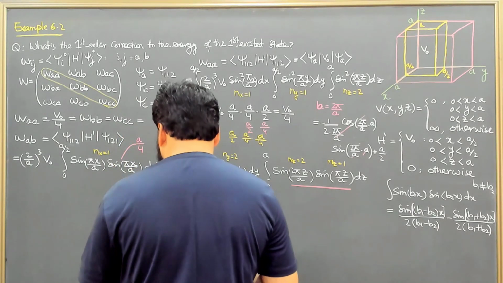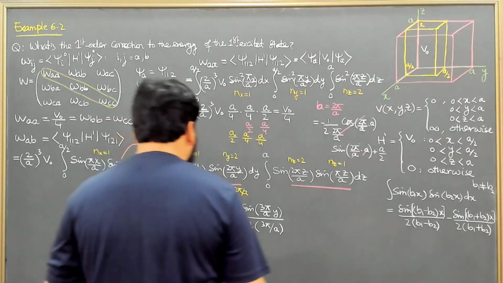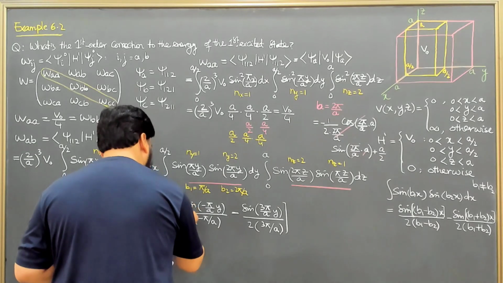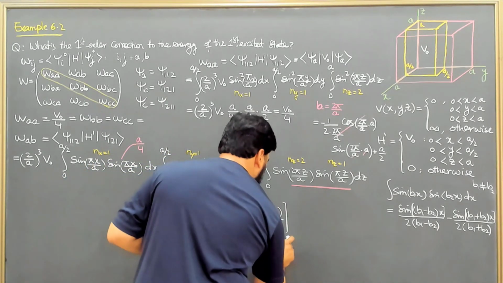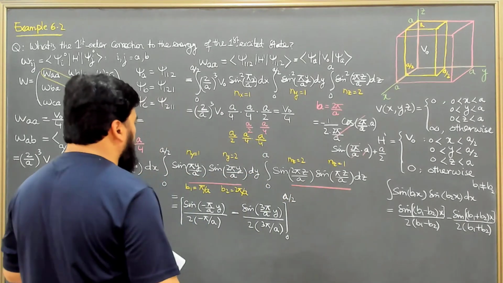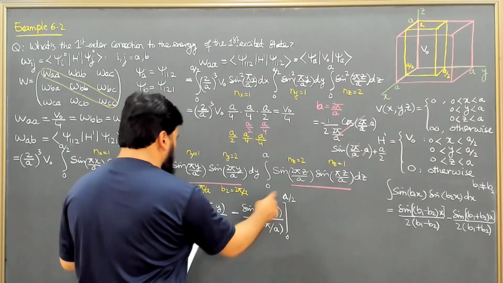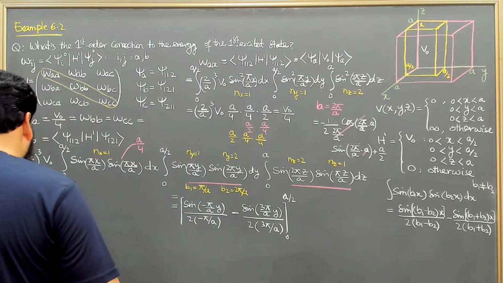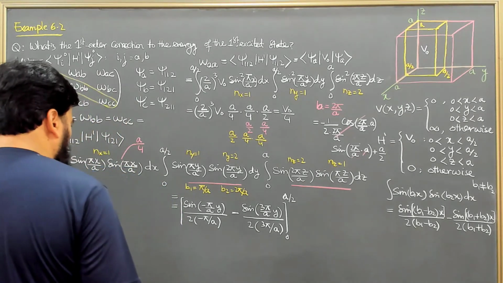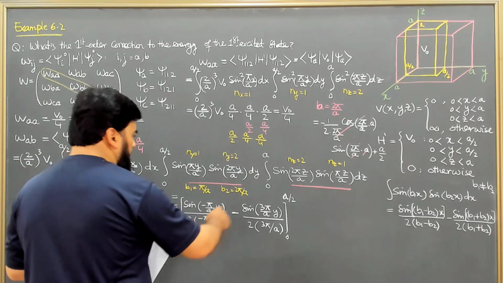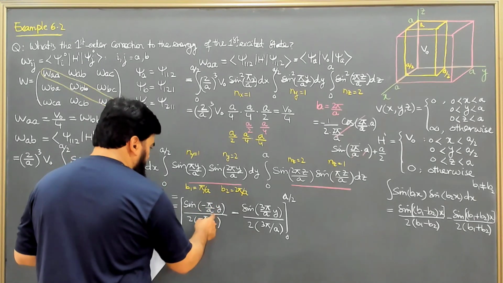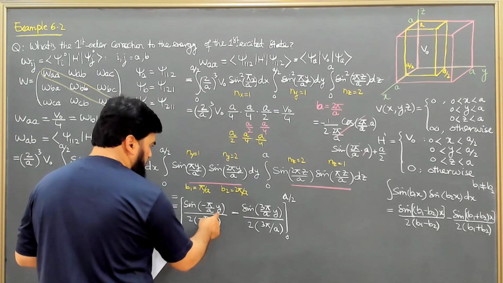And when I calculate it for the limits, because here we have the limits from 0 to a over 2, the y is changing from 0 to a over 2. So I will have to put the values now. Just put the value a over 2 here.